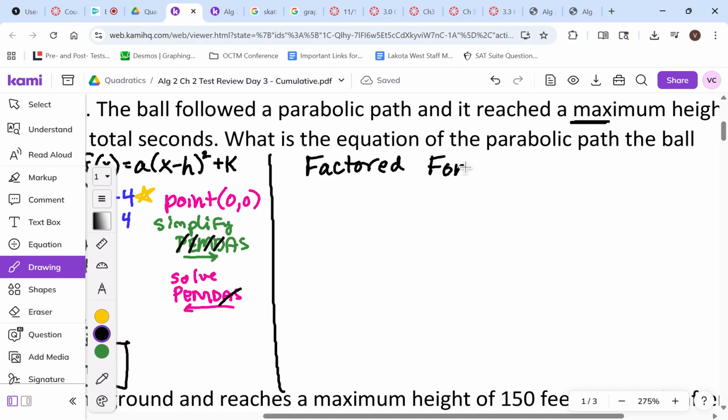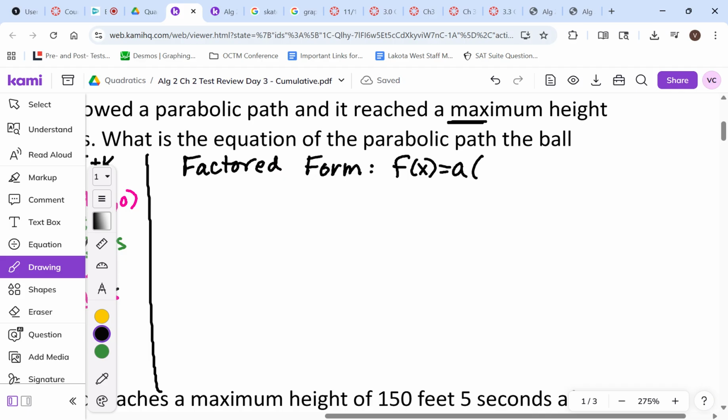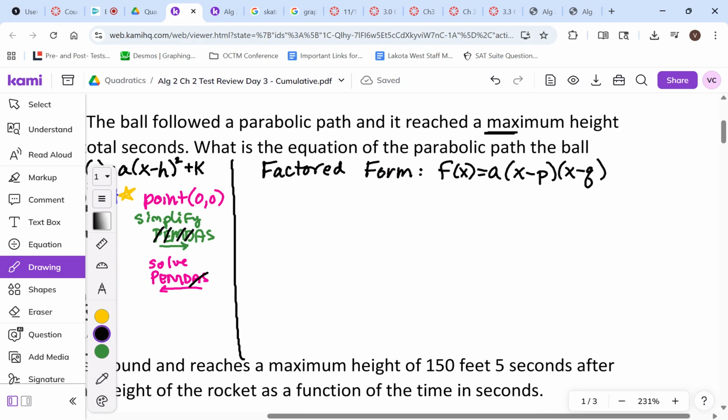That's the only difference. So factored form is f of x equals a, and then we do parenthesis x minus p and x minus q. Our x-intercepts are 0 and 10, so I'm going to put those in the spots of the p and the q.